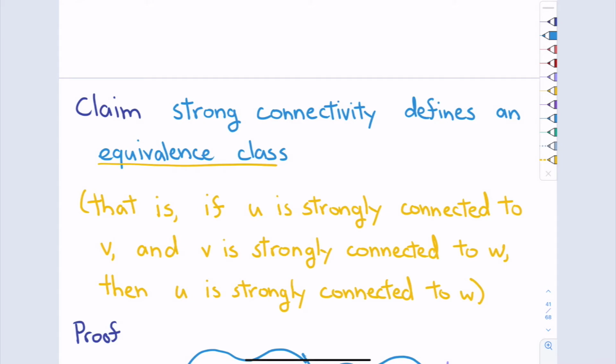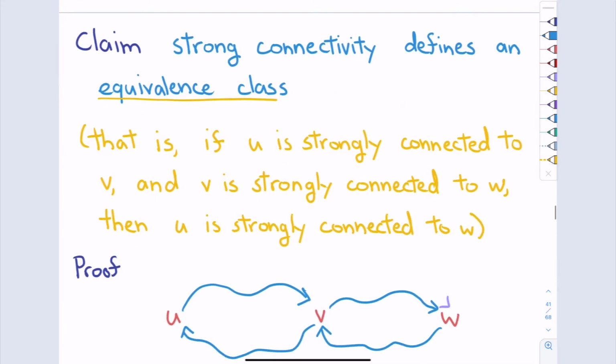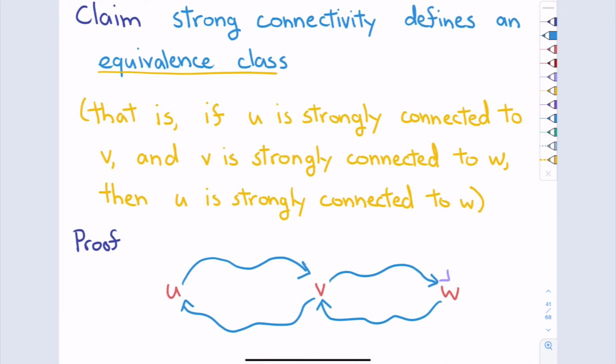If A is strongly connected to B, and B is strongly connected to C, then C is strongly connected to A. If A is strongly connected to B, B is strongly connected to A. As far as connectivity goes, they're equivalent. And there's not much to say or to prove. I just want to show that if U is strongly connected to V and V is strongly connected to W, then U and W are strongly connected as well.